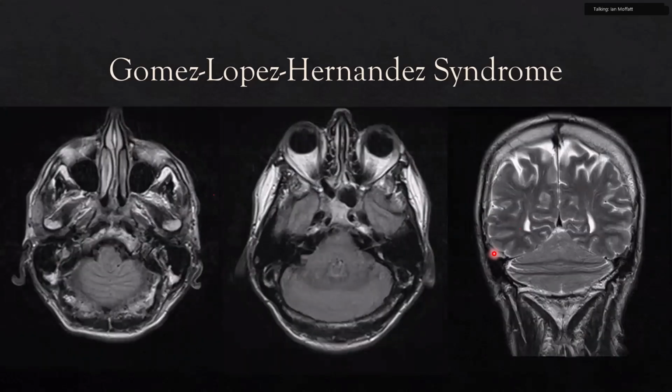So typical CNS findings that we're going to see is rhombencephalosynapsis, basically absence of the cerebellar vermis with fusion of the cerebellar hemispheres. Can have associated supratentorial midline abnormalities such as agenesis of the corpus callosum, holoprosencephaly, etc., but not necessary.